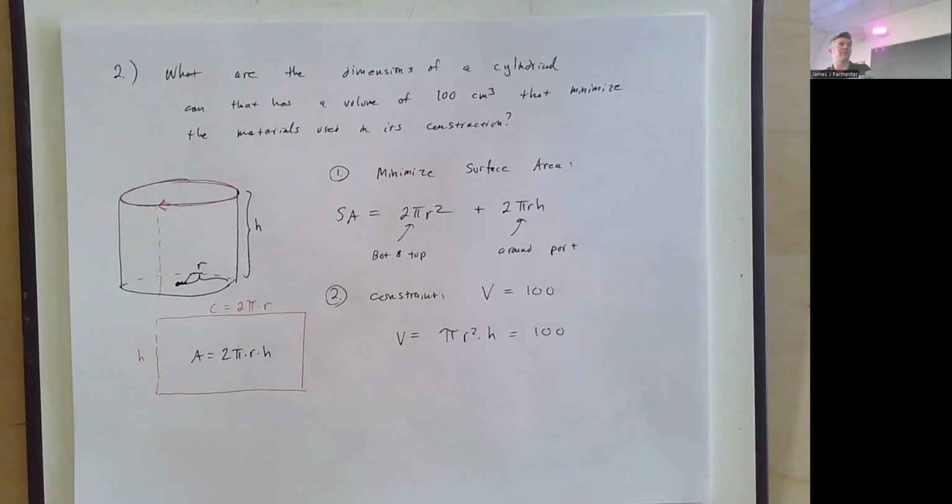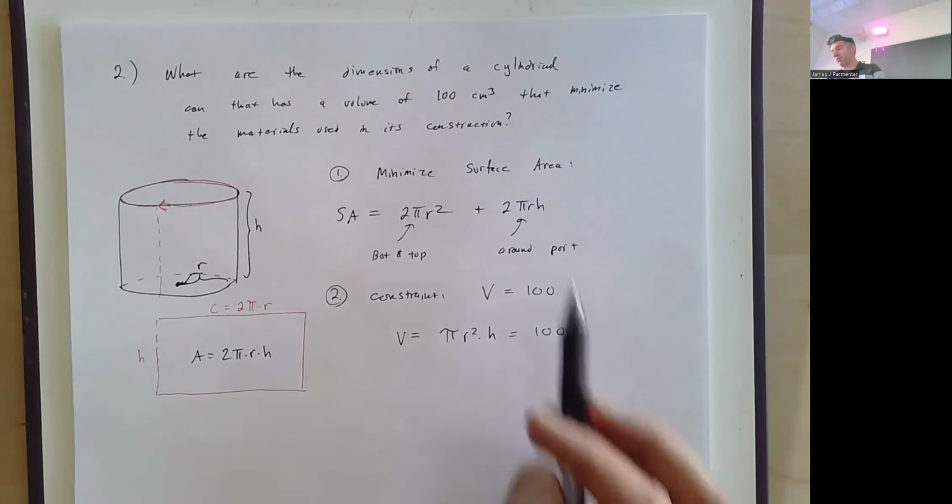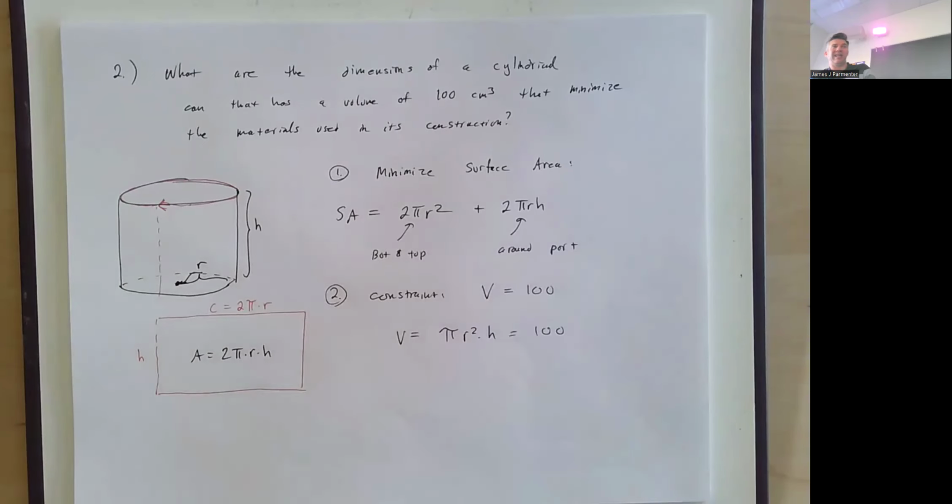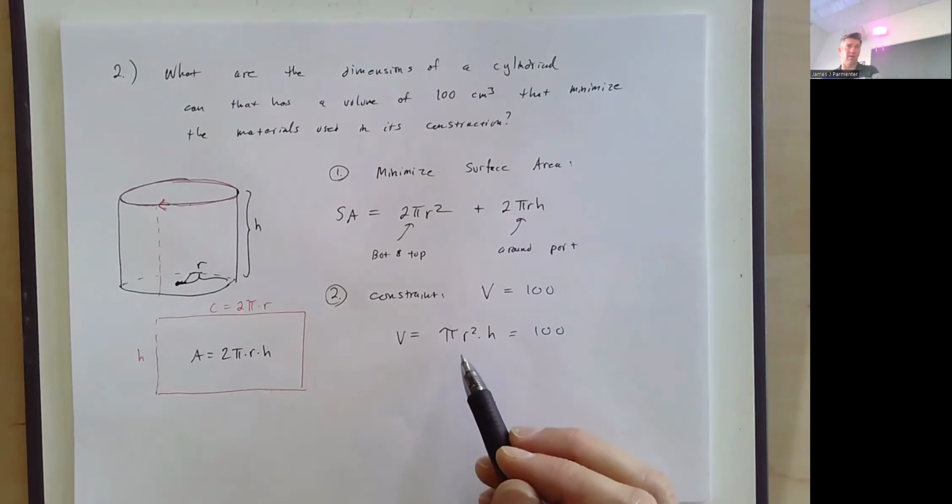A lot of the times here you're going to be faced with a choice. Most of the time it should be relatively obvious which variable is better to isolate. If we had to choose here based on this equation and also what we're plugging into, should we isolate H or should we isolate R? Definitely H, 100%. For two reasons. One, I don't want to take a square root if I don't have to.